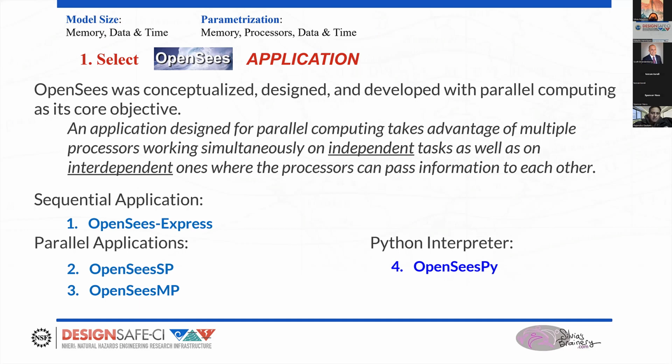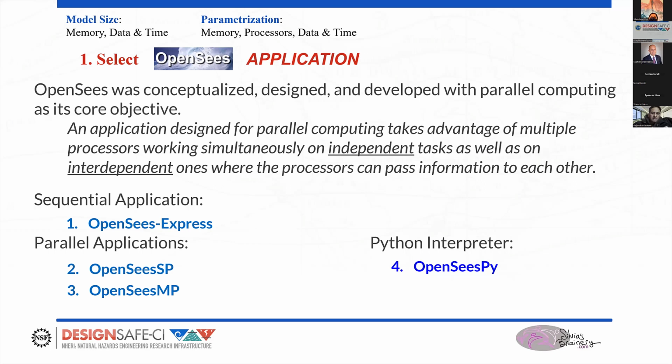OpenSees was conceptualized, designed, and developed from the very, very beginning with parallel computing as its core. That was really Frank's thesis, about parallel computing. And an application designed for parallel computing takes advantage of multiple processors working simultaneously on independent as well as interdependent tasks, okay? And while they can pass information to each other.